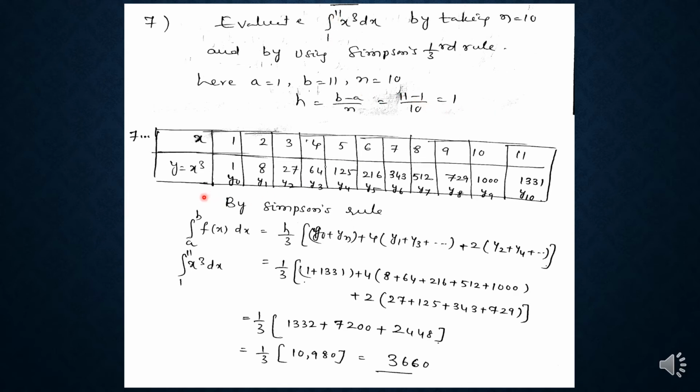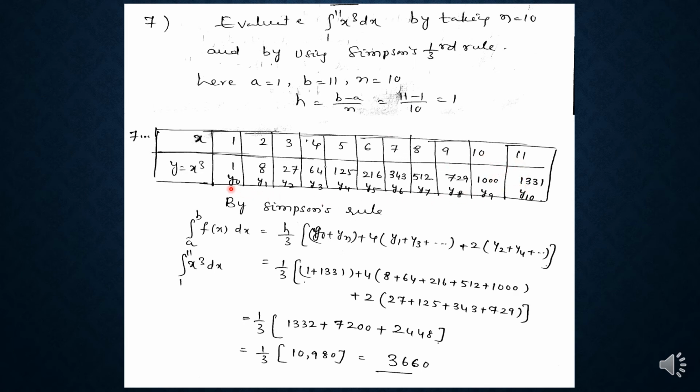Now by taking the y values here, the y function is x cube, y is equal to x cube. By substituting the x value here, we will get y. For x equal to 1, 1 cube is 1, 2 cube 8, 3 cube 27, 4 cube 64, 5 cube 125, 6 cube 216, 7 cube 343, 8 cube 512, 9 cube 729, 10 cube 1000 and 11 cube is 1331.